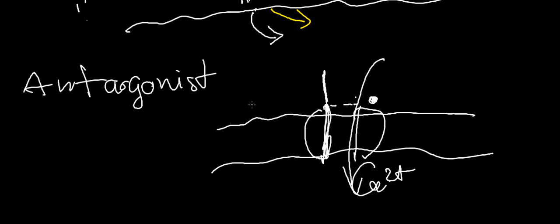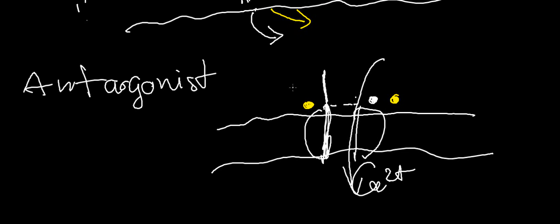So what does an antagonist do? An antagonist may have a similar binding site to an agonist, and basically it will bind to the binding site, for example in this site, the binding site for an agonist.